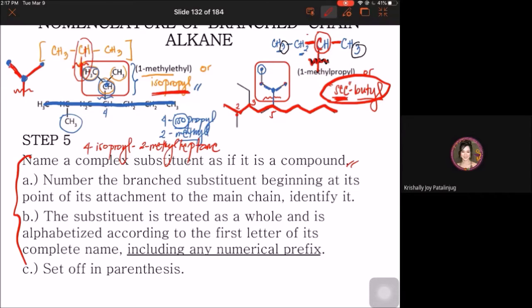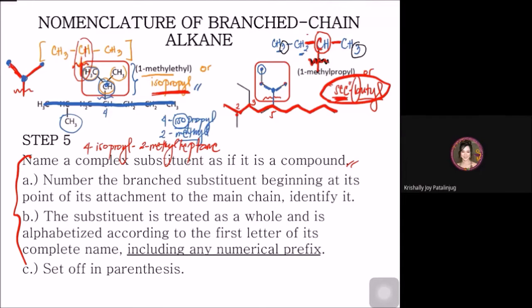In alphabetizing. I-write gihapon nimo ang word nga sec, but in deciding sa citation, writing ng name, letter B, okay? It will be listed under letter B for those alkyl group na merong hyphenated prefixes.